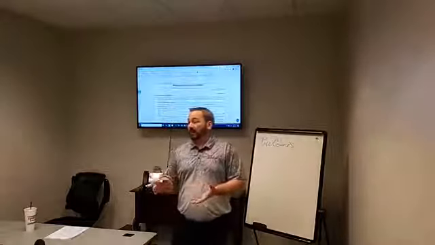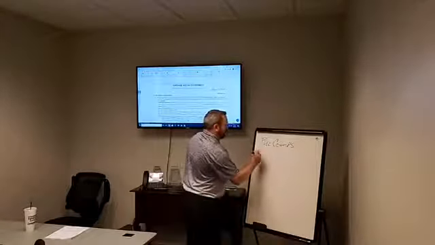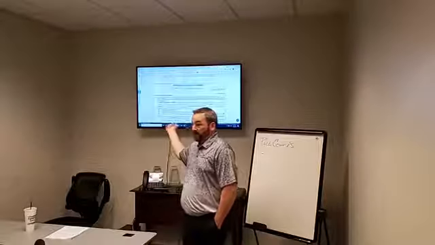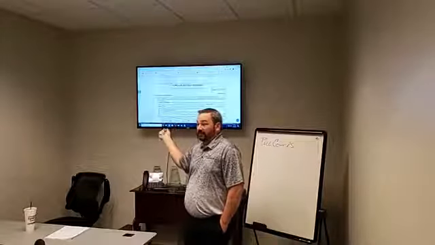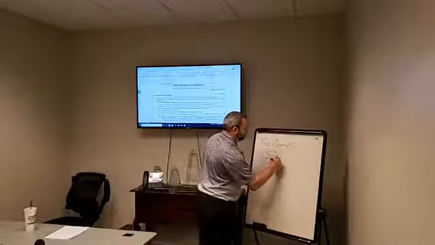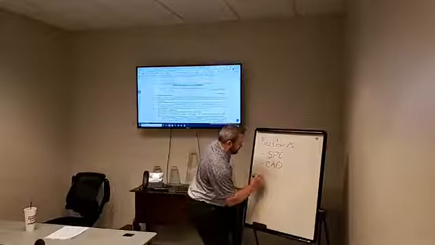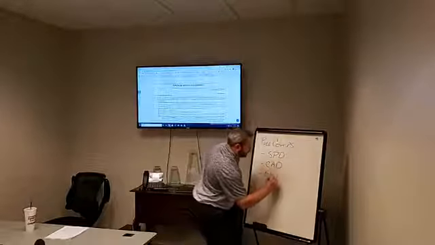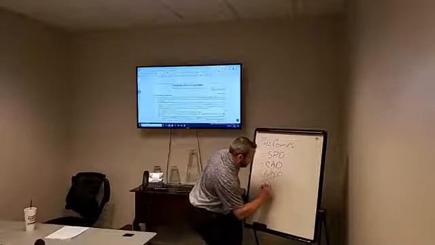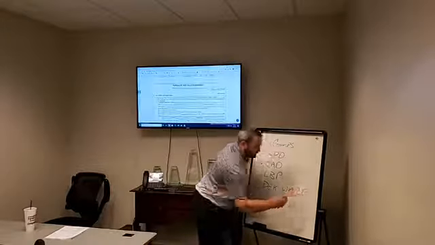Second thing we want to do is gather all the information we can on the property, because there are some documents that will be part of our contract that we probably don't have, okay? And that's going to be our seller's property disclosure, our community association disclosure, our lead-based paint disclosure, and our DeKalb County water disclosure, if they're applicable.